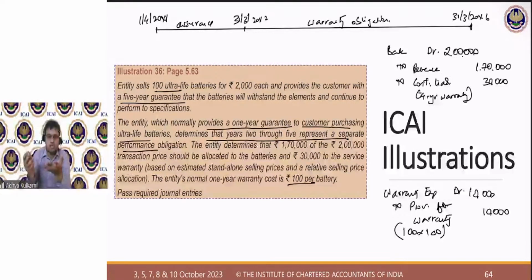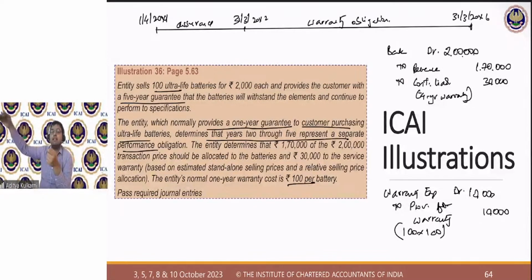showroom of your choice. So the extended warranty of years 2 to 5 is something which is a separate revenue stream for both the showrooms. And therefore, when you are doing the accounting, the 1,70,000 revenue is nothing but the revenue on sale of the product, which includes the assurance warranty.